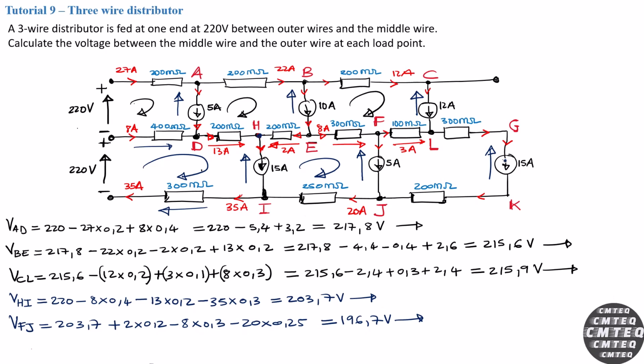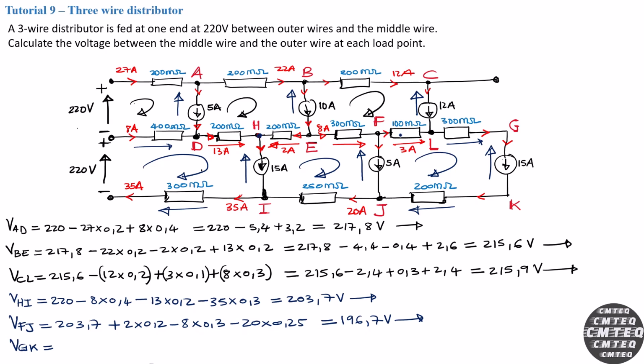Now we need to do the last one, so that's GK. So we're going to have VGK. Okay, so VGK here, the same strategy that's been working for us. So we have a current flowing this direction. Okay, so this current here is 15 amp, and you've got a current also flowing here, so it's the same current that's flowing across these two resistors. So we can basically just add them. A 300 milliohm and a 200 milliohm have the same current crossing them.